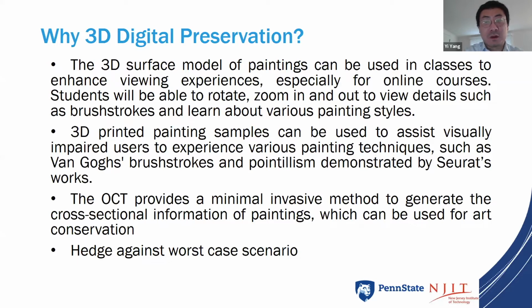The nice thing about this technology is it can image both the topography or the surface profile and the underlayer information, which is really rare for other technologies. So we thought, can we apply this technology to artworks?